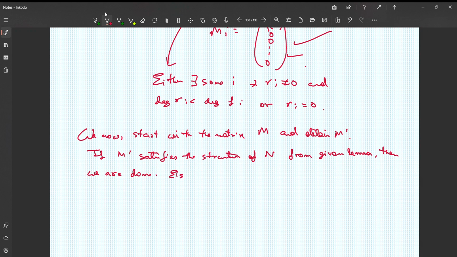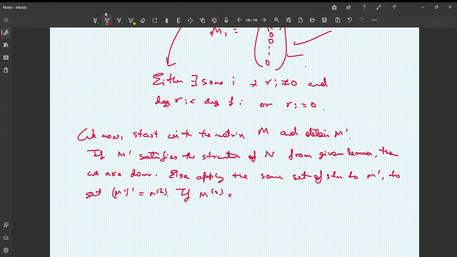Else, we apply the same set of statements to M dash to get M dash whole dash, which we write as M2. Again, if M2 satisfies the structure from the given lemma, then we are done.